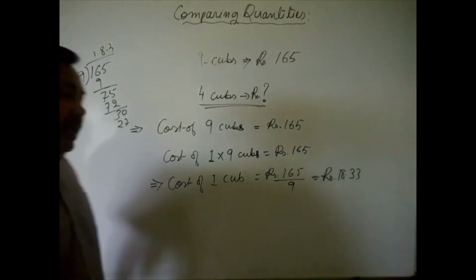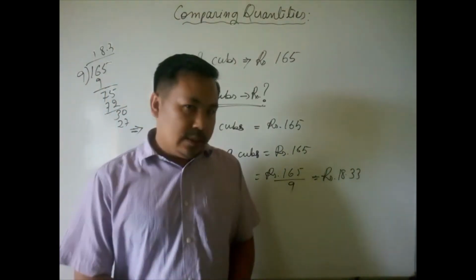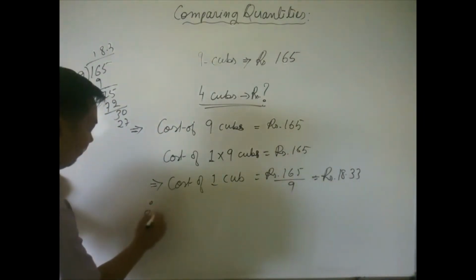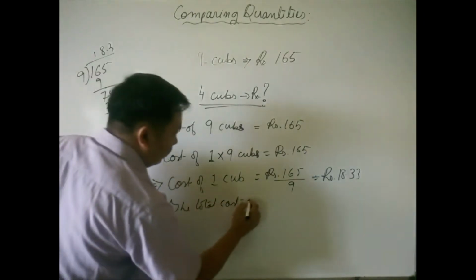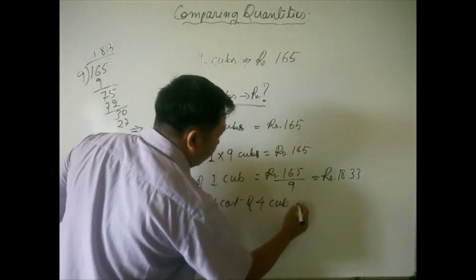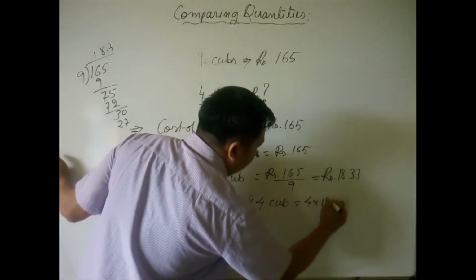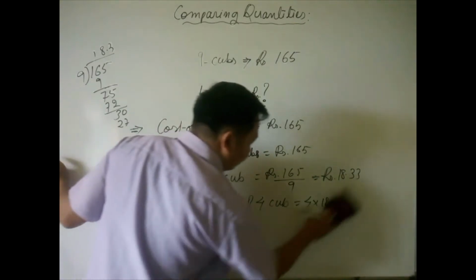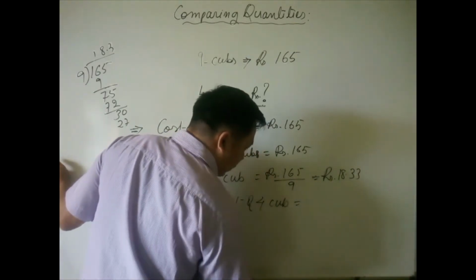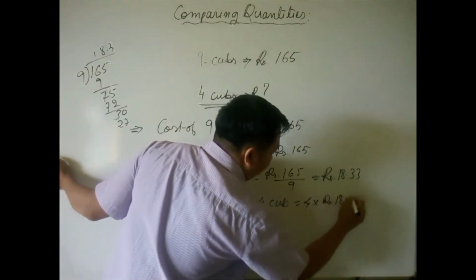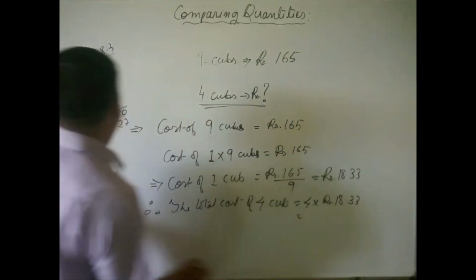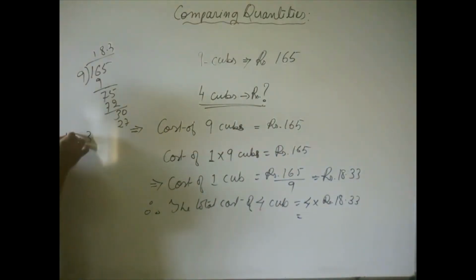Now you get the price of 1 cup, then you can find out the price of 4 cups, isn't it? Yes. Therefore, the total cost of 4 cups will be 4 into rupees 18.33. 18.33 into 4. 4 3 is 12, and we have 13, isn't it?